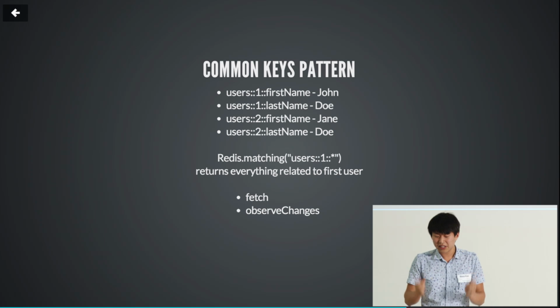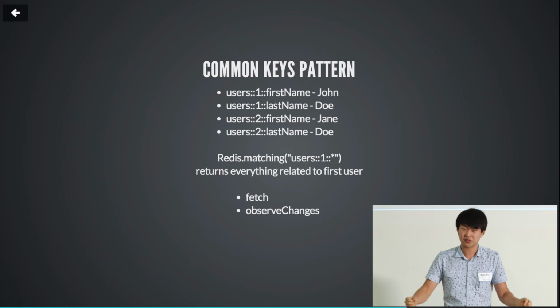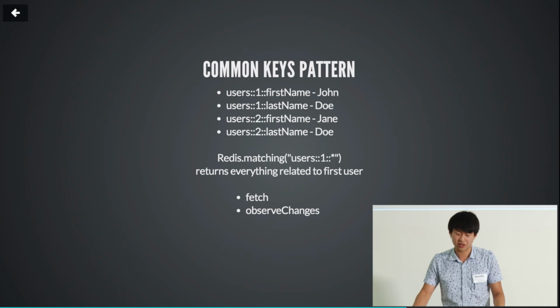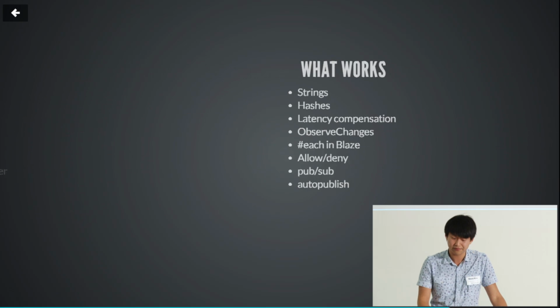So it's very common to have a pattern like this. So we created this concept of mini-Redis cursors and Redis cursors. Those represent a particular subset of data. And they work on pattern matching. You can say, give me everything that corresponds to user number 1, and it will give you basically the representation of that data subset. And you can fetch it or start observing that if this data changes.